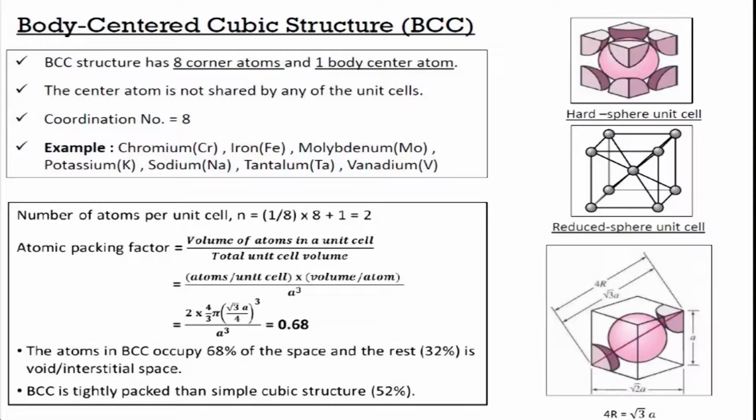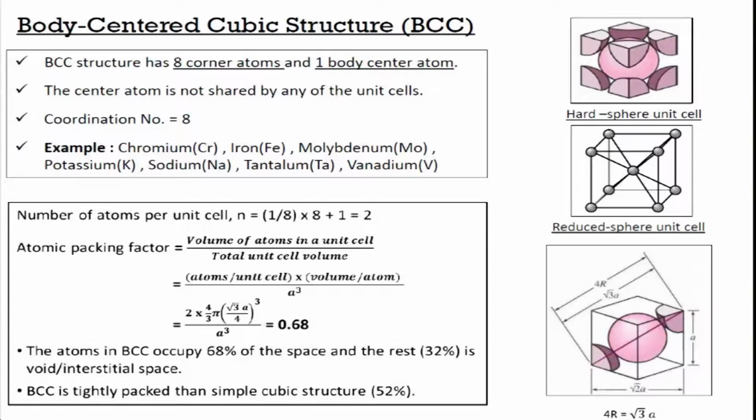So, then the atomic packing factor, how would you count it? In this case you will see that the atoms per unit cell is 2, and once again it has the basic structure which is cubic. So, it is A cube as the volume of the unit cell, and you can find out from geometry, if you look at this entire structure, that in the most compact condition the volume per atom is 4/3 pi times (root 3 A by 4) cube.